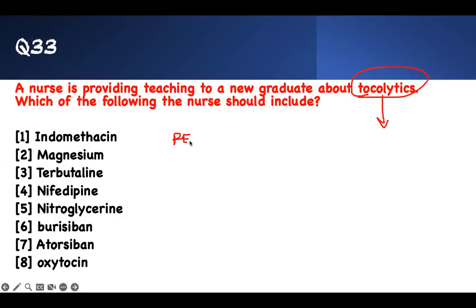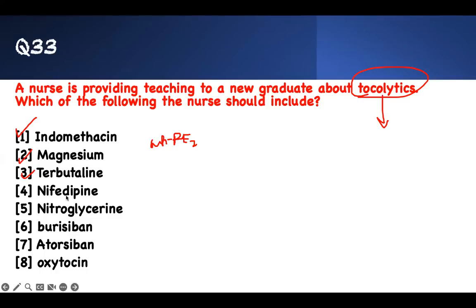Anti-prostaglandins, that is NSAIDs, so indomethacin is good. Magnesium is also good. This is a bronchodilator, also used as a tocolytic, so that's good.